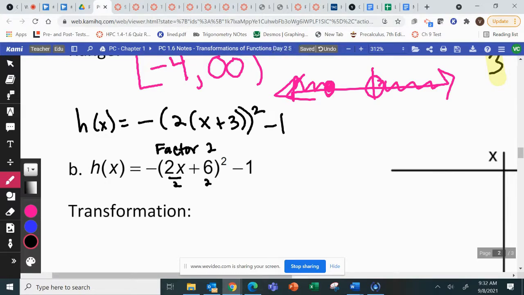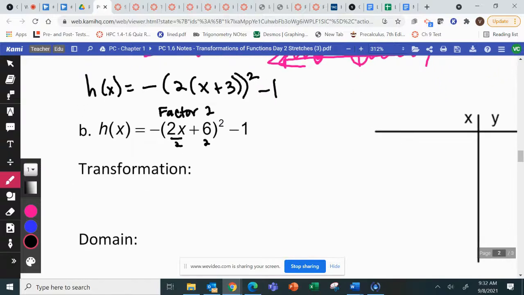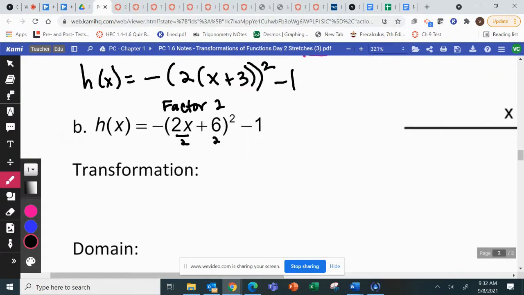So if you don't do the factoring step, you're going to have completely the wrong translation. You've got to make sure that you separate that stretch in front of the X from its translation. It will never come out of the squared, but it has to be separated. So from here are transformations. I'm just going to go left to right. The first transformation I come to is the negative sign. So that is a reflect.